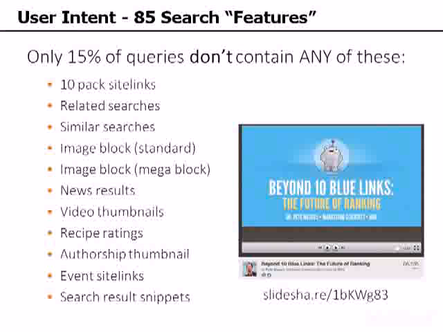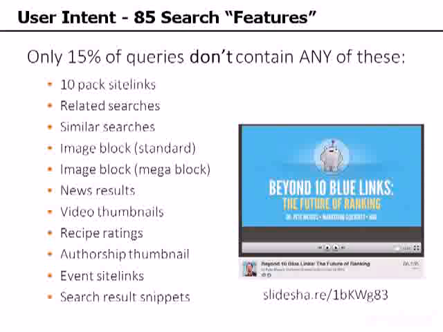But first I want to take a look at user intent and the importance of user intent in your keyword prioritization and really understanding the intent and the nature of a search result, because there's so many different types of search queries, and some of those trigger different types of search results at this point.